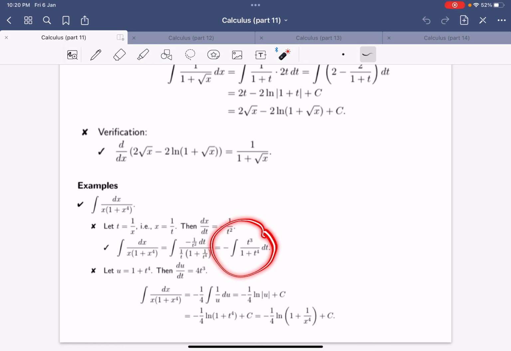And this form, the quotient, the numerator is a derivative of the denominator. And so you can use a substitution again to get an easier expression, which when you integrate gives minus 1/4 ln 1 plus t to the power 4 plus c.